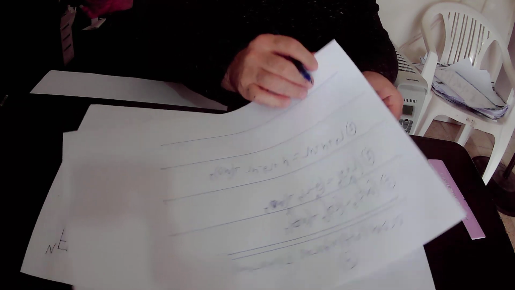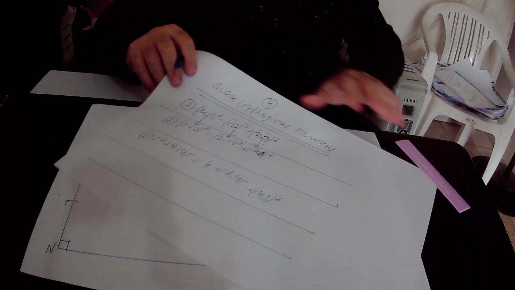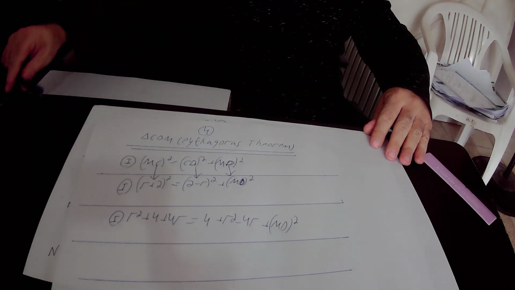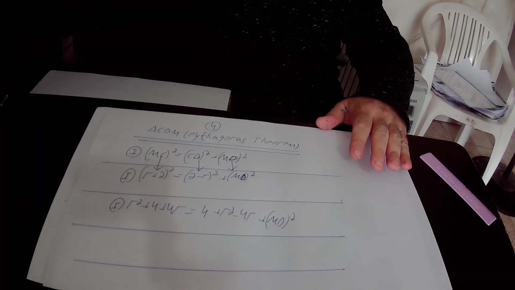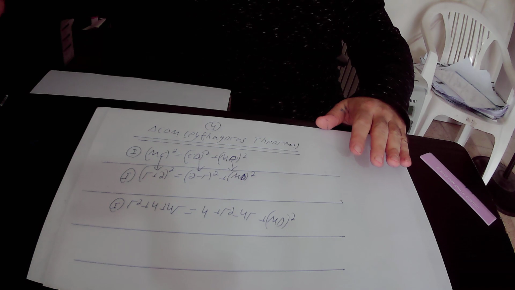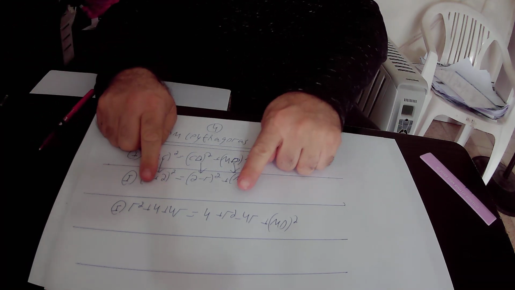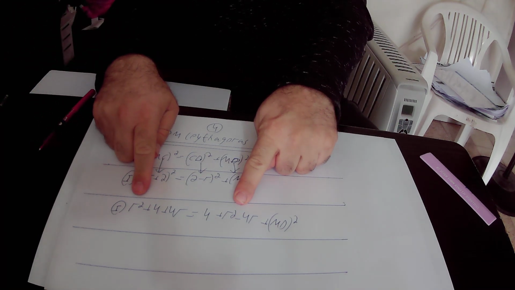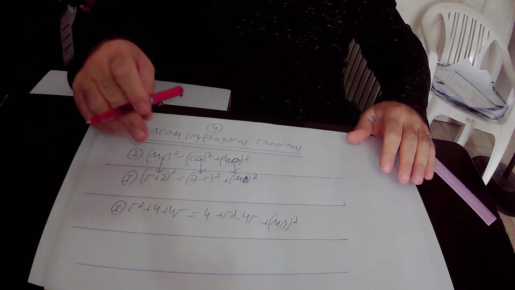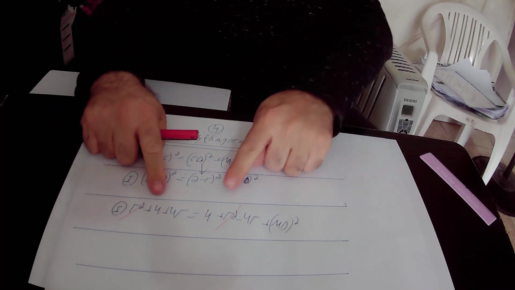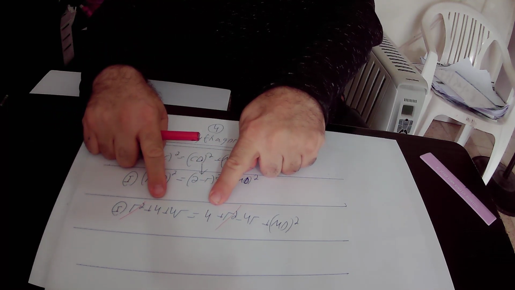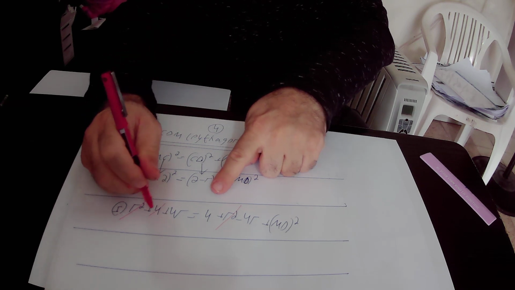So here we have R squared on both sides of equation number 1, so R squared will get cancelled. We also have 4 on both sides, so 4 will also be cancelled.